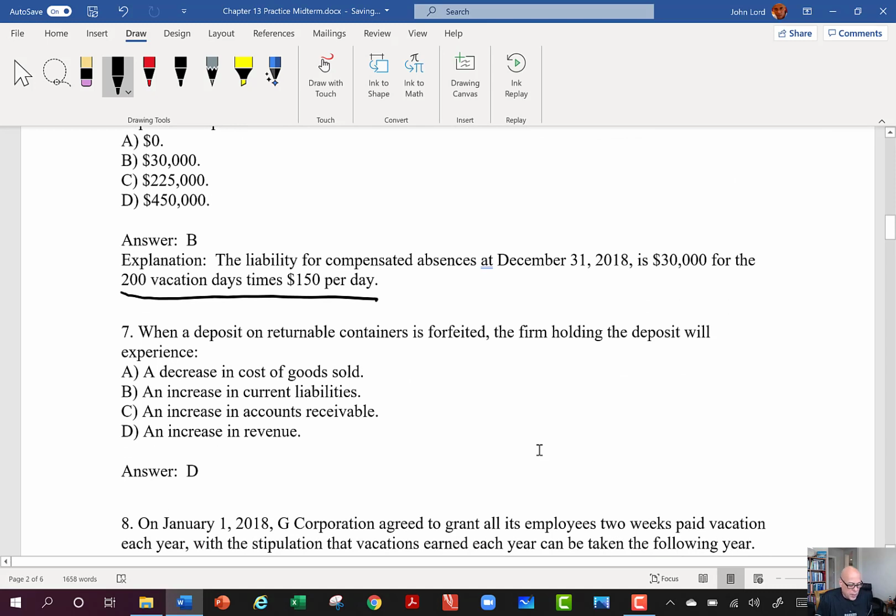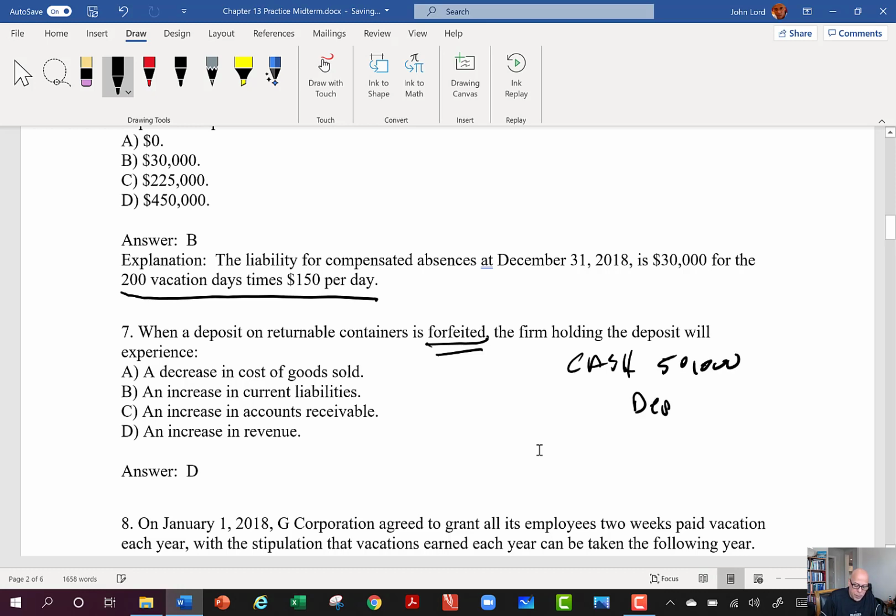Number 7: when a deposit on a refundable container is forfeited, the firm holding the deposit will experience... The word forfeited is key here. That means we didn't have to give the deposit back to the person. So when they give us the deposit, we debit cash, making this number up, 50,000. We credit deposit liability, 50,000.